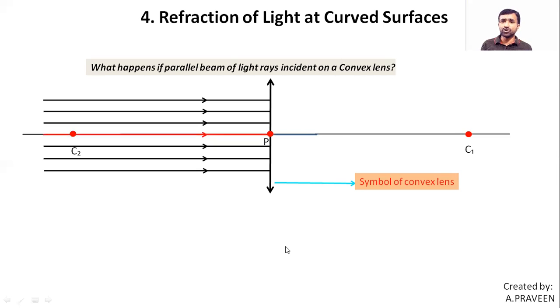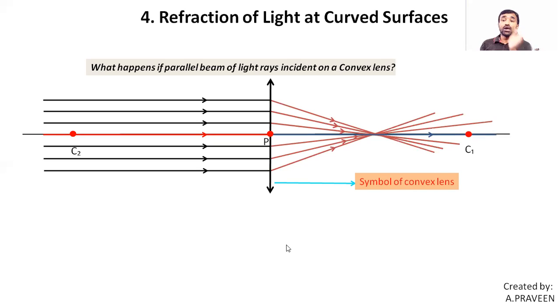After refraction, they converge and meet on the principal axis on the opposite side of the lens. Incident light rays on the left side are refracted and meet each other on the right side. That point I call the focal point or focus.